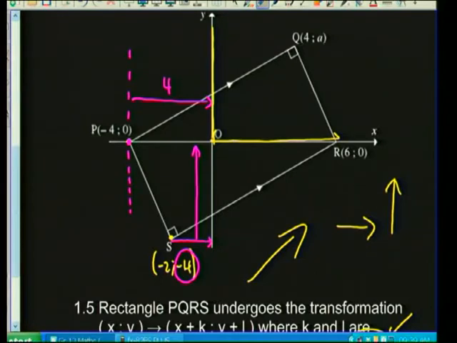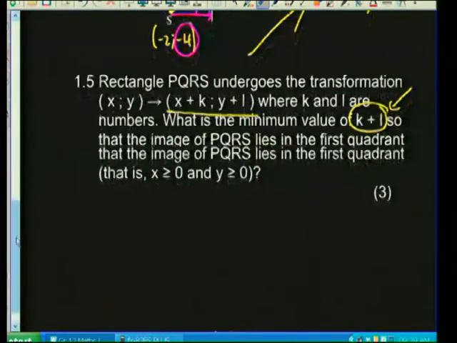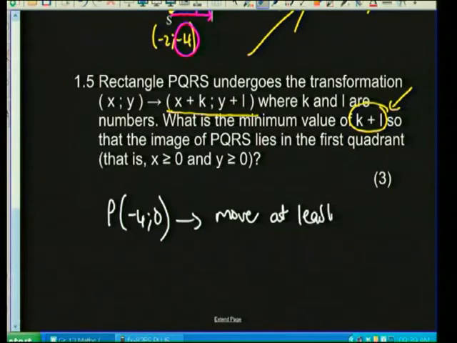Now let me see if I can try and write this in a meaningful way so that you can follow my method nicely. Okay, so what I'm going to do is I'm going to look at P, which is -4, 0. I know that I want to move it at least 4 units right.